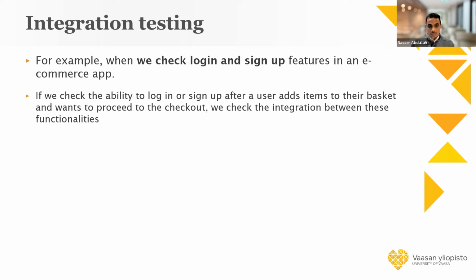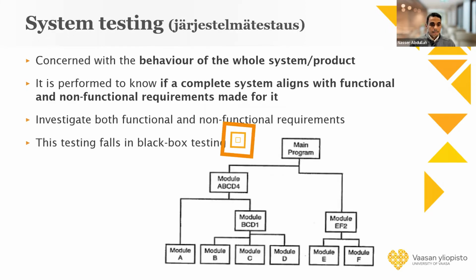For example, you want to test the ability to log in or sign up, after that add an item, after that proceed to the checkout. All this process is considered integration testing if you check all these modules together.